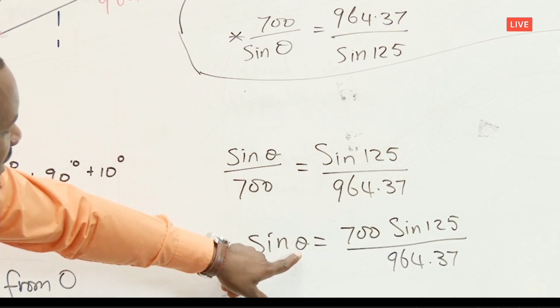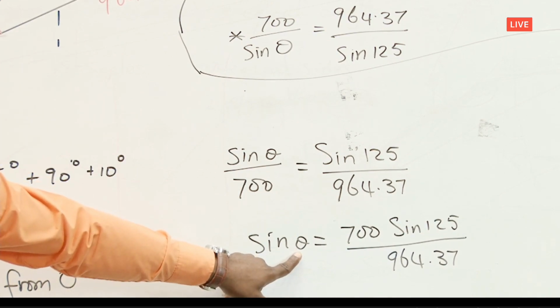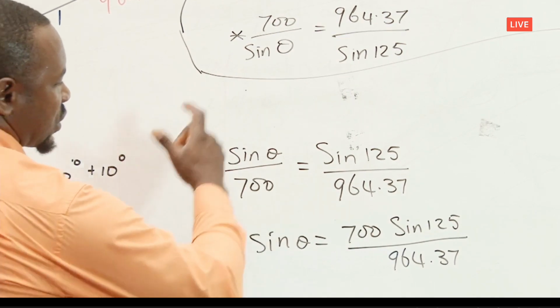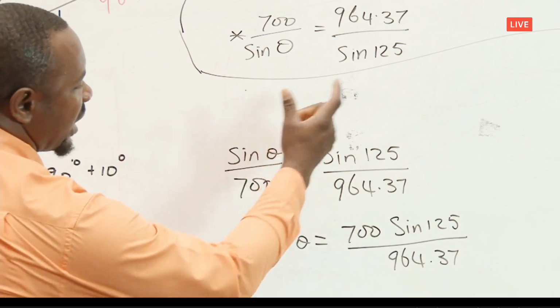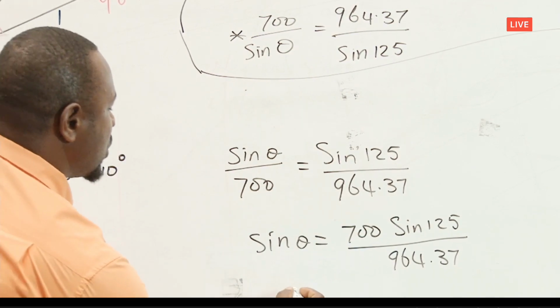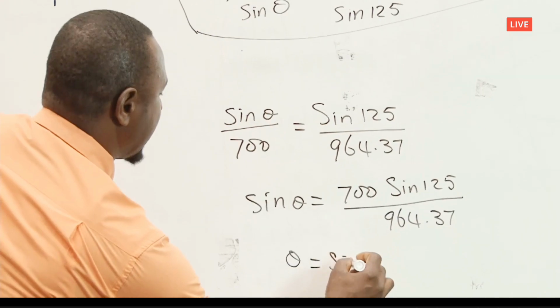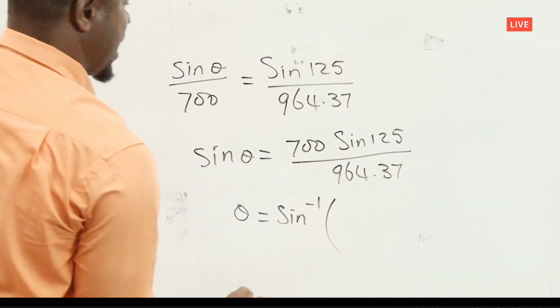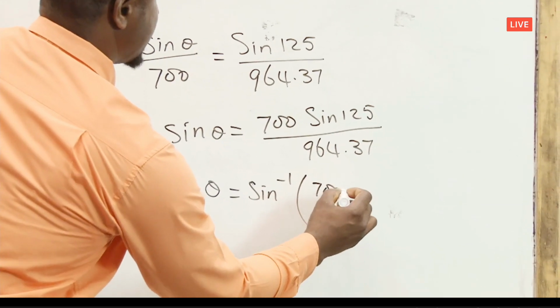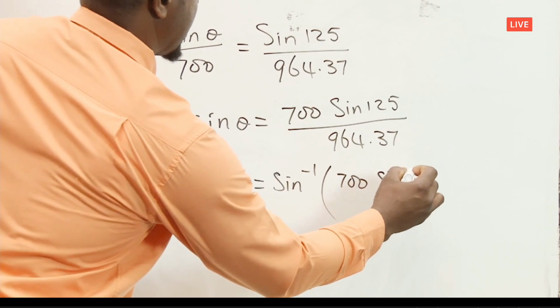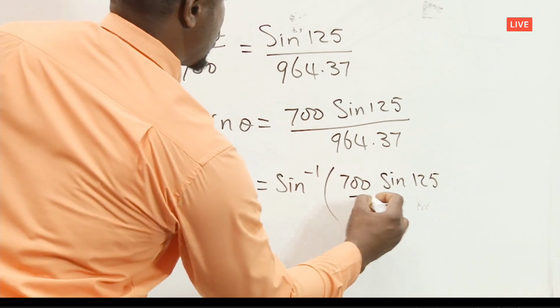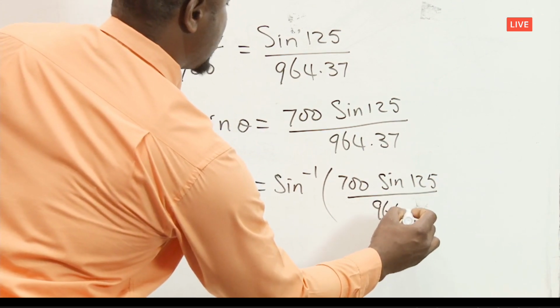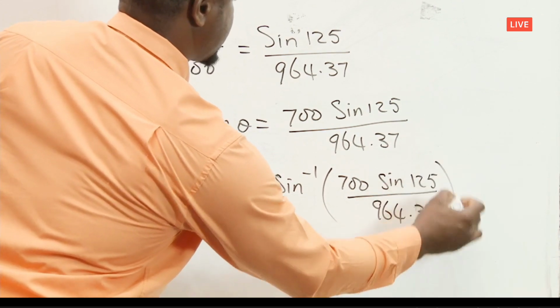Now, we need to get this angle separated by itself. So sine goes over and it becomes the inverse when it goes to the other side. So the angle is equal to sine inverse, and I can do all of this at once: sine inverse of 700 sine 125 all divided by 964.37.